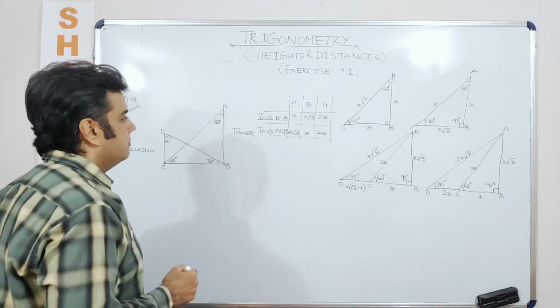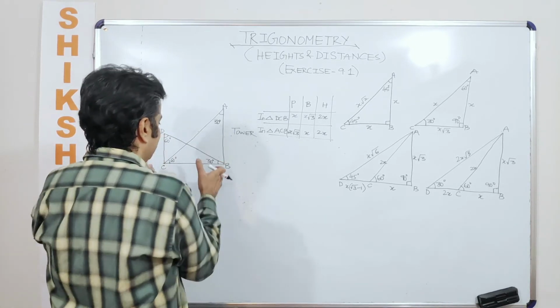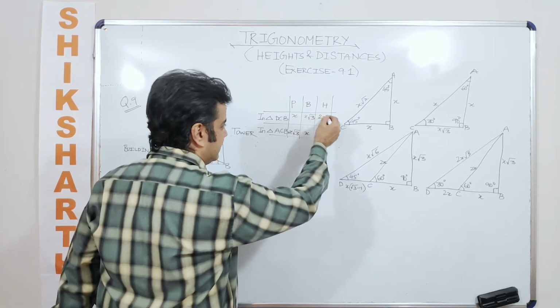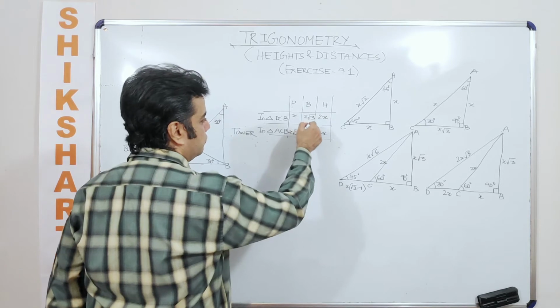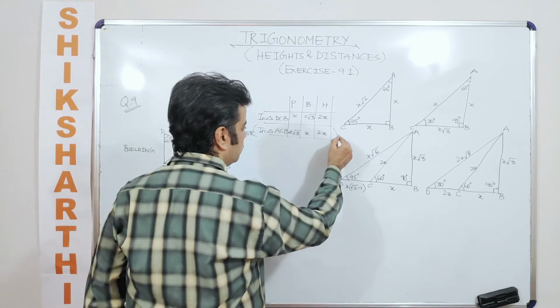Now when we see this, we see that the base in both the triangles is the same, but when we see the exact lengths, they are different. So how do we make them equal? We make them equal by multiplying this with root 3.